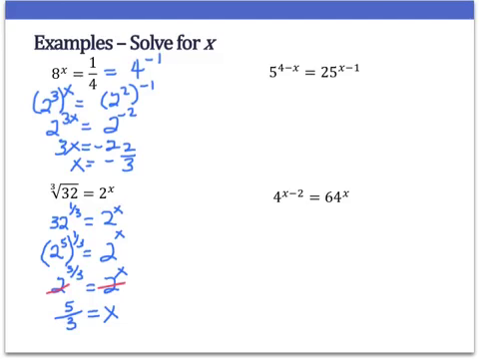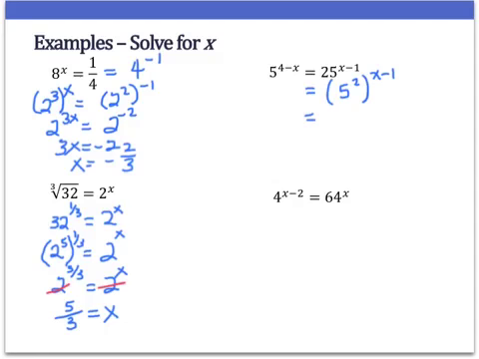Okay, so let's try the example on the top right. 5 is as small of a base as you can get, but 25 we can rewrite as a power of 5. So we're going to have 5 squared for 25, and then x minus 1. And here we can actually multiply our 2 with our x minus 1.